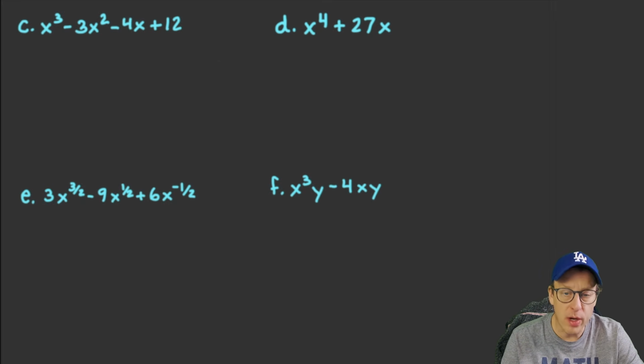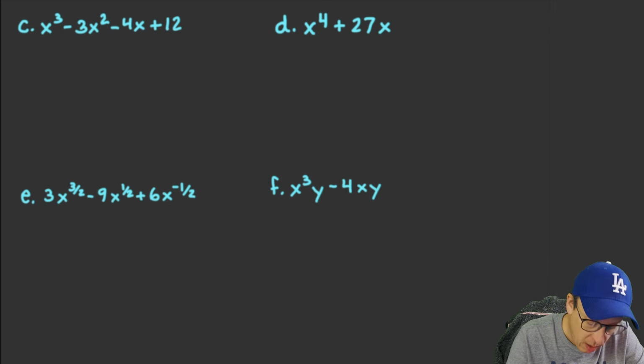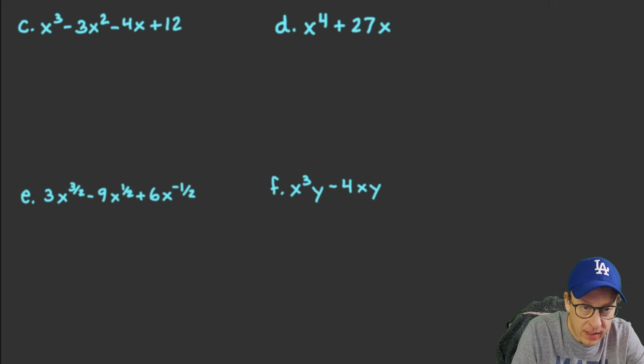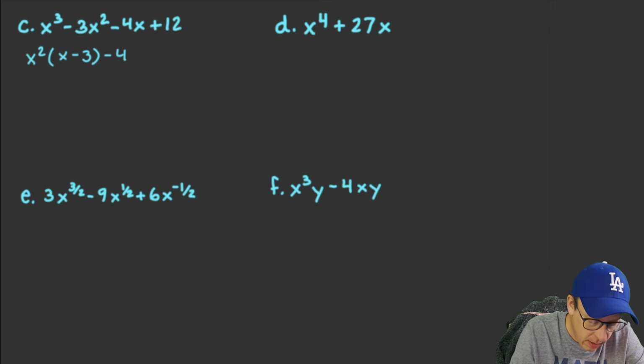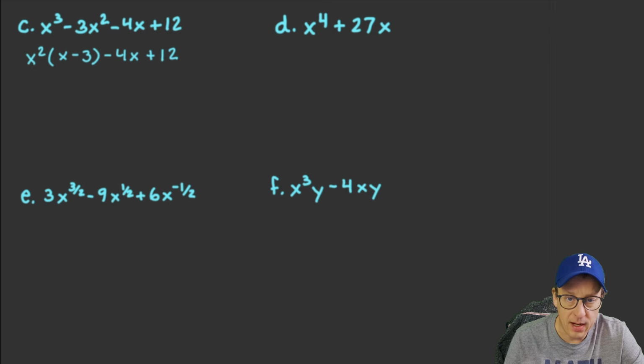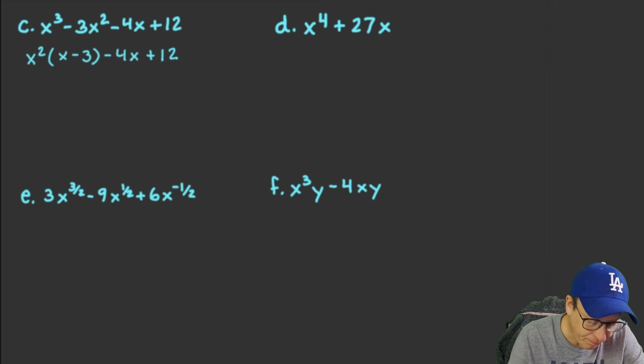Okay, so again, we're going to be doing a lot of factoring here. So we have x to the power of 3 minus 3x squared minus 4x plus 12. We will factor out our common terms, which is going to give us x squared times (x minus 3) minus 4x plus 12. And we just factored out our x squared. Now what I want to do is factor out our negative 4.